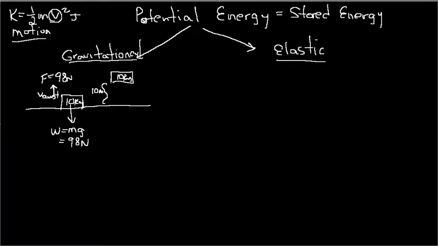Now would you say that this crate here that's 10 kilograms possesses the ability to do some work? It does, because gravity is acting on it, and gravity is a force downward. So the force of gravity now can do some work on this box in moving it downward. So the force of gravity can move it down 10 meters.